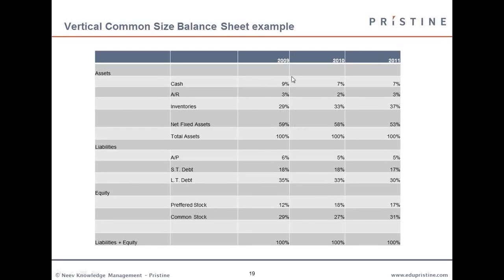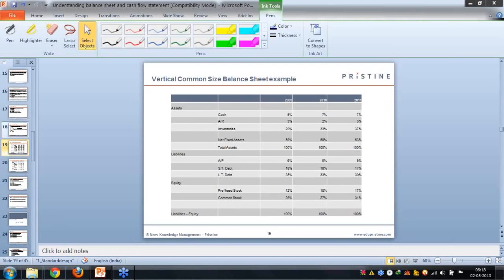Across years, they are reported as a percentage of total assets. So cash is 9% of total assets in 2009, while it is 7% of total assets in 2010. In a similar way, we have liabilities. Everything is as a percentage of total assets.